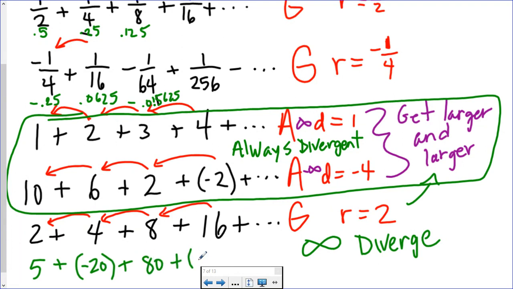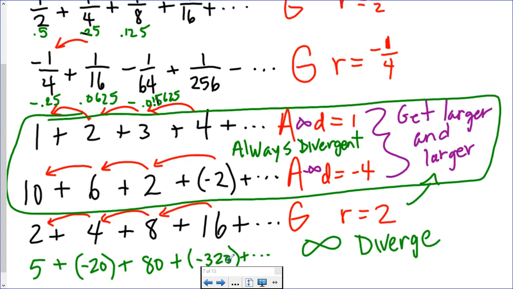And then -4 times that would be -320, and so on. Is that going to converge to anything? Well, the numbers, regardless of whether they're positive or negative, are getting very large. If they're not getting smaller, they're getting larger. So even if the common ratio is negative, it's not going to approach a specific value because those numbers are going to get really, really big.